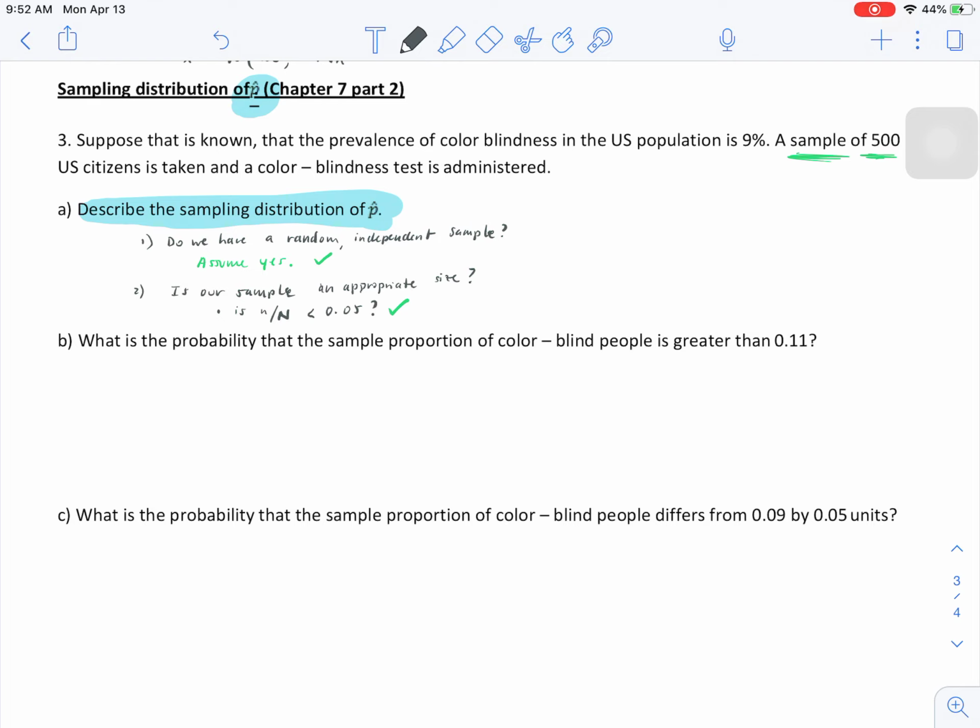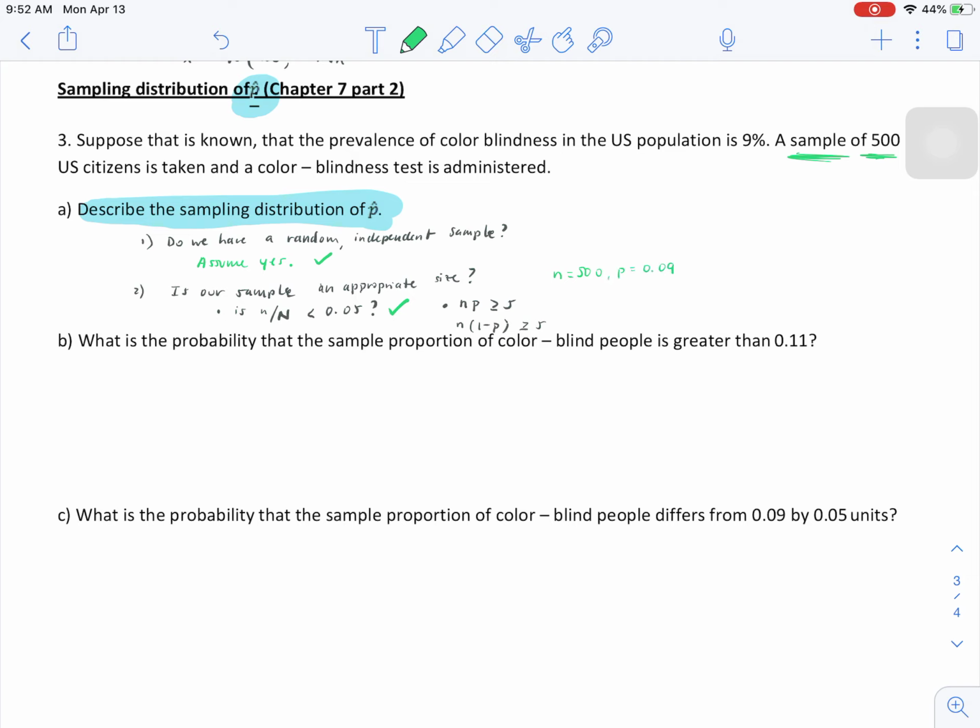Then we also want to check that our sample isn't too small. So we check that the sample size times our known population proportion is greater than 5, and that our sample size times 1 minus that proportion is greater than 5. Remember that n is 500, and our known population proportion is 9%, or 0.09.